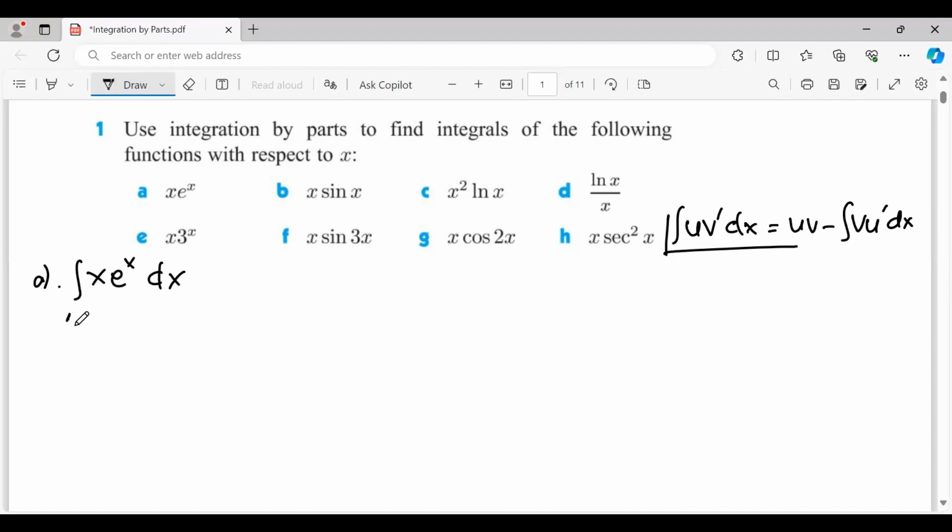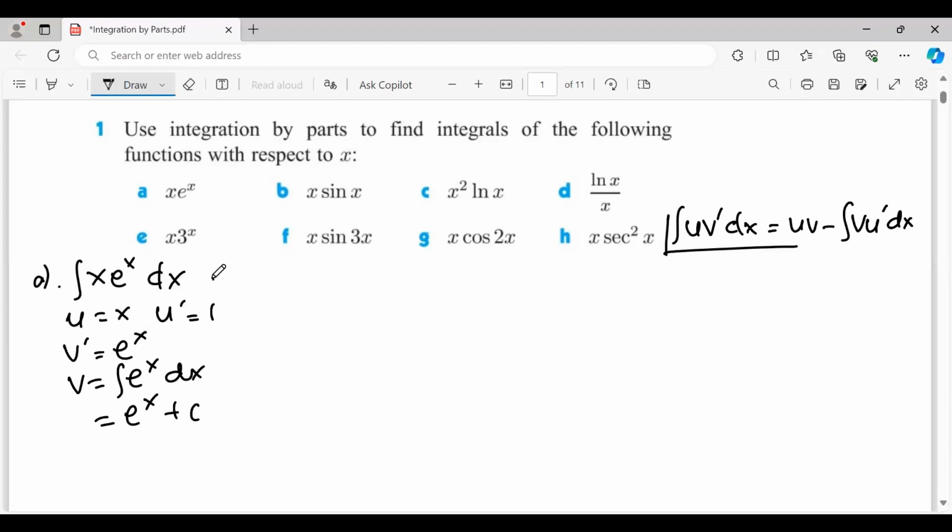That means u equals x, so derivative u equals 1, derivative phi equals e power x, and phi is the integral of e power x dx, e power x plus c.